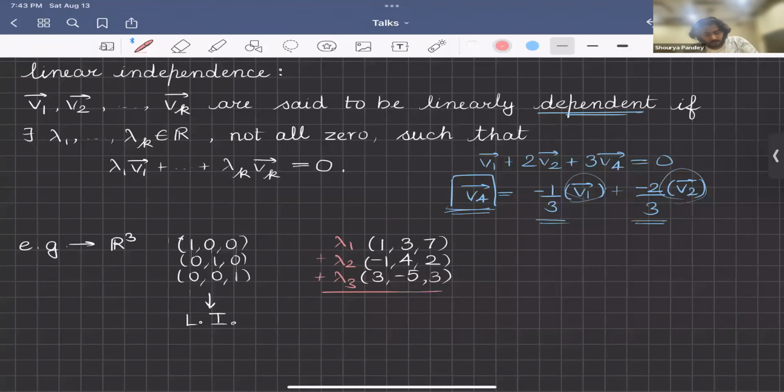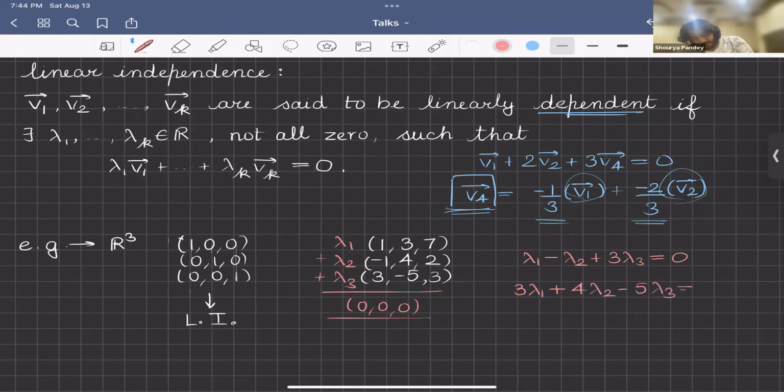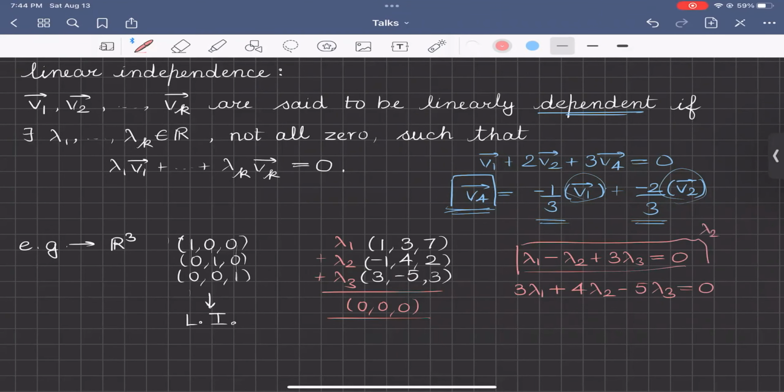So if this combination is 0, then what do we get? Lambda 1 minus lambda 2 plus 3 lambda 3 equals 0, and then 3 lambda 1 plus 4 lambda 2 minus 5 lambda 3 equals 0. Let's just solve this much first. From here we have lambda 2 is lambda 1 plus 3 lambda 3.